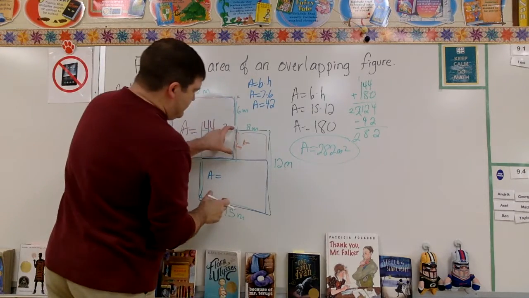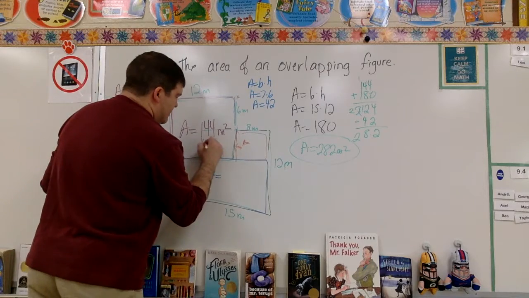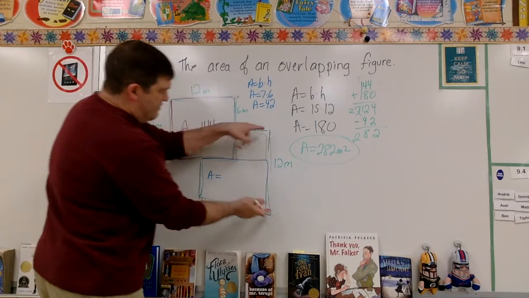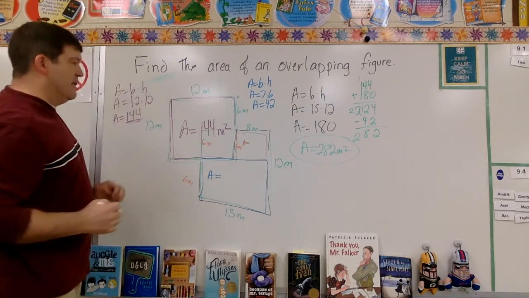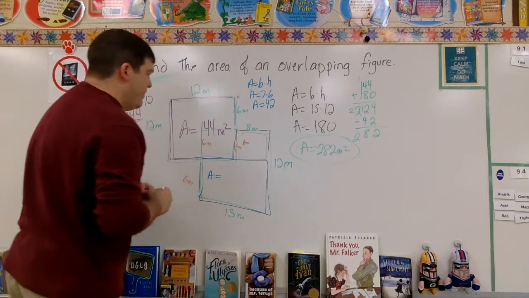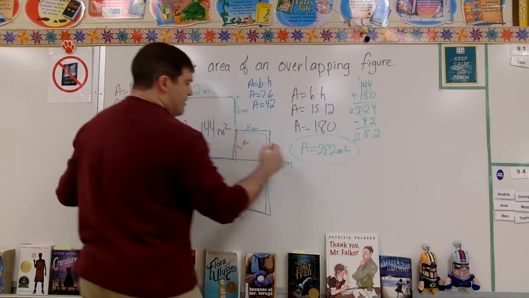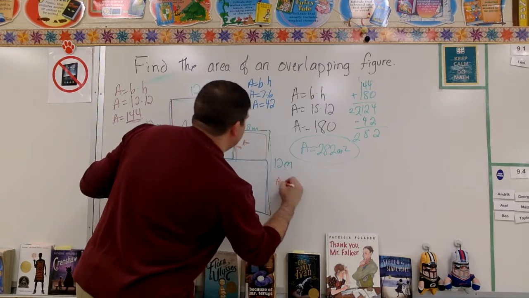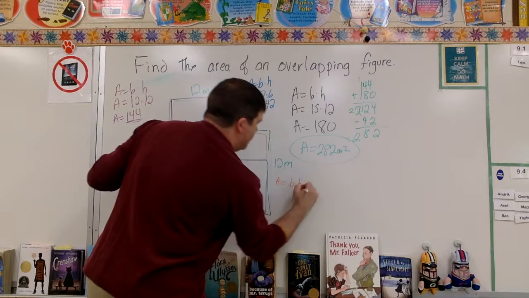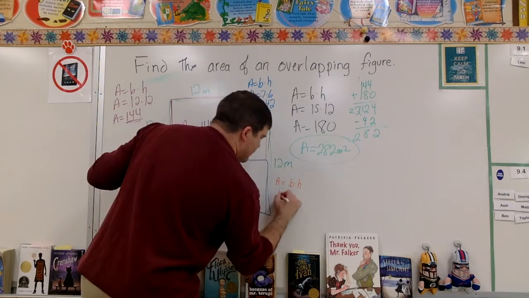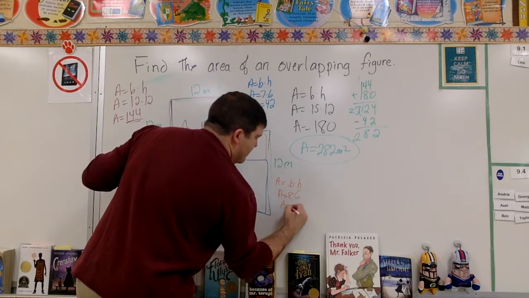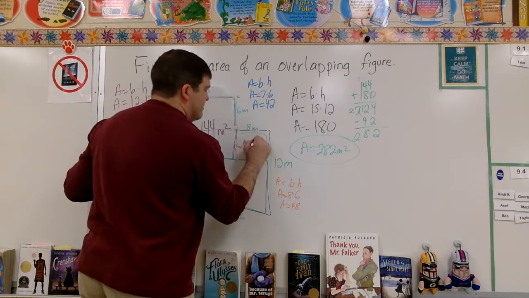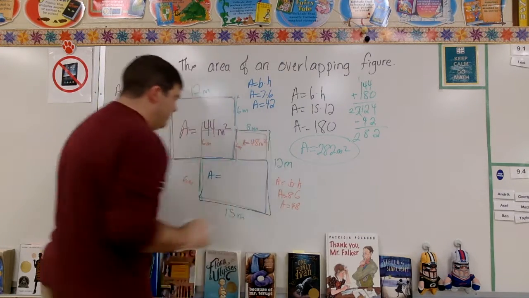Now, if this is 6, this has to be 6 right here. And if this is 12, and this is 6, this must be 6. Okay? So, now I know this one, area equals base times height. The base here is 8, times the height is 6. Area equals 48. So this is 48 meters squared.